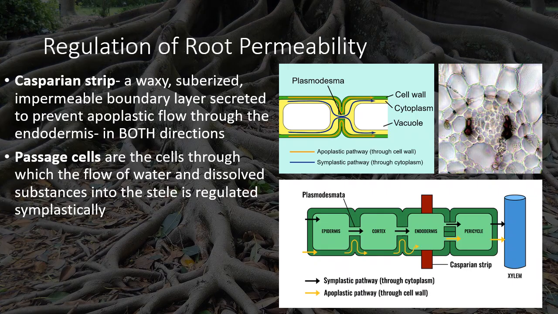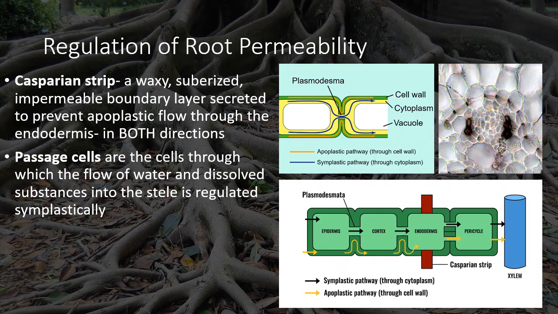So when we look at this microscope photograph in the top right-hand corner, you can see this kind of arching stripe that is wrapping around the stele or the vascular core of the root. And that is the Casparian strip. It's mostly composed of suberin, and suberin is this waxy substance that actually is what makes cork waterproof.